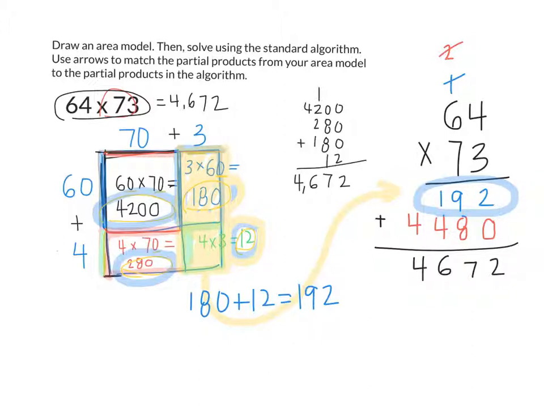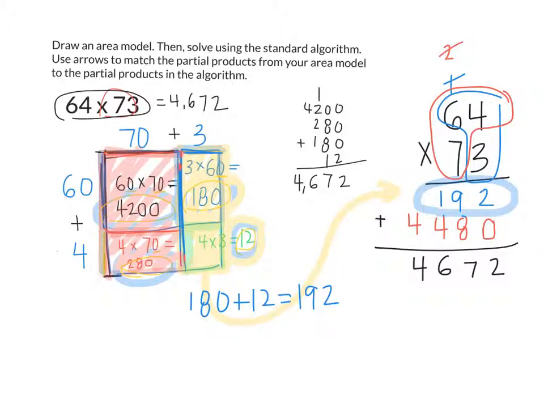Do you see that? Because the area of that is 64 times 3. Isn't that what we did here? 64 times 3 to get 192? How did we get 4,480? Well, we did 64 times 70, right? Isn't this 64 times 70 right here, this red part?